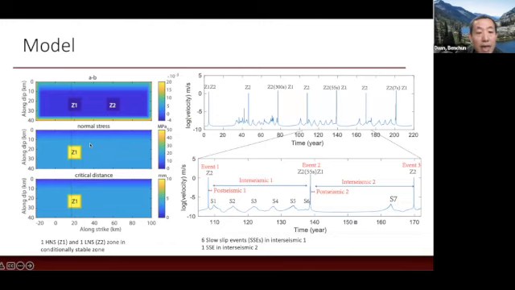We focus on the interaction between slow slip events and megathrust events. Once again, it is a similar model as the previous study, but we focus on the interaction between SSE and megathrust events.